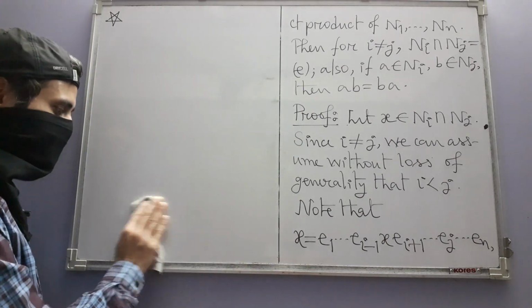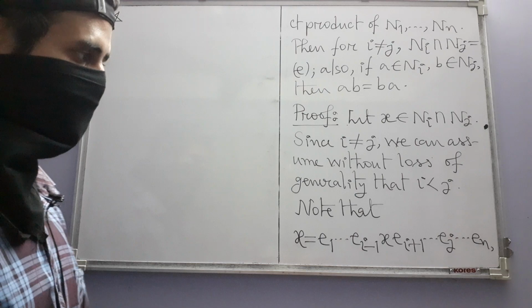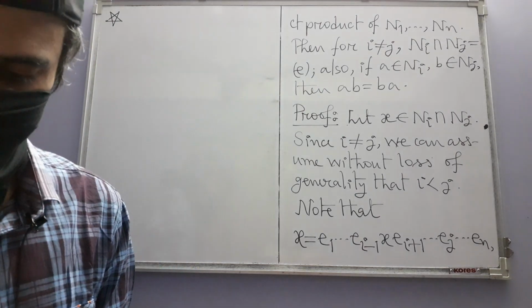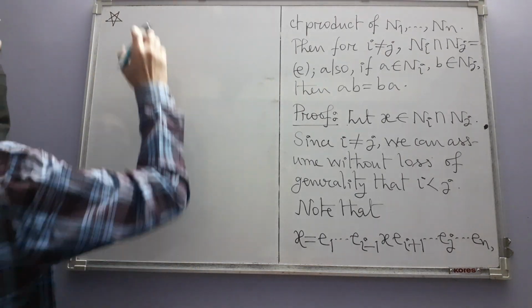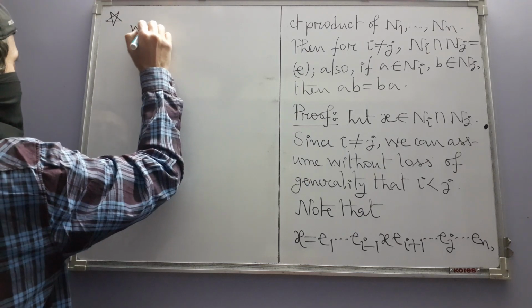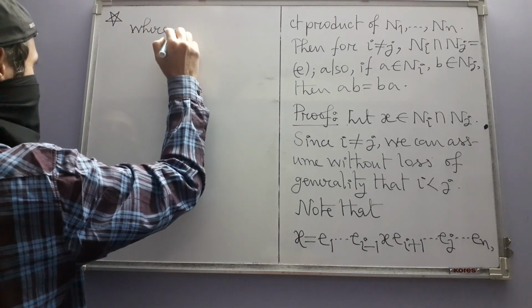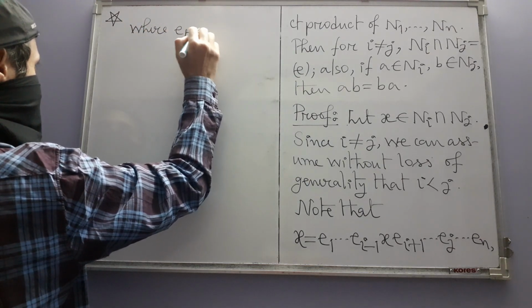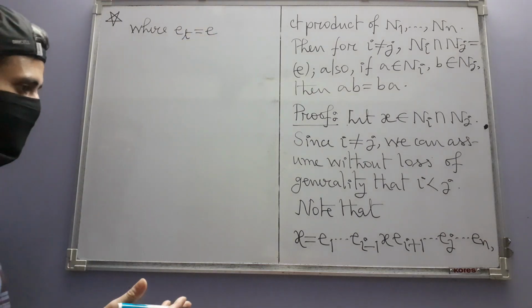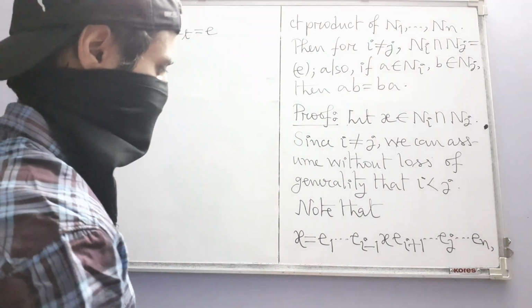These e's are actually nothing but the identity element, where each e_t is equal to e, the identity element in G.